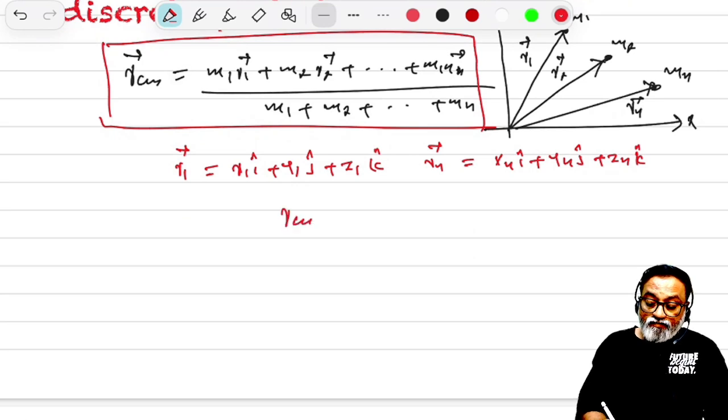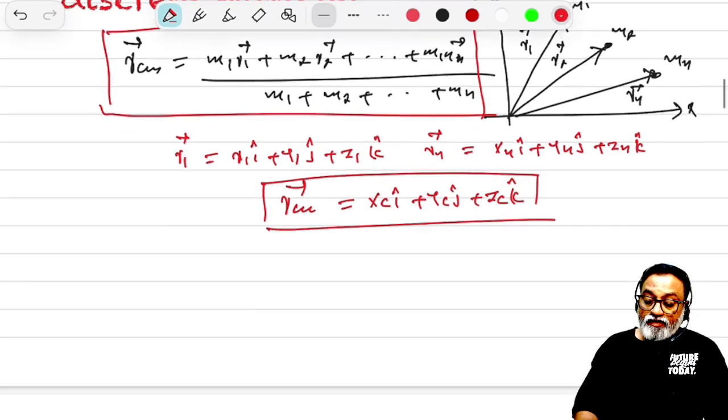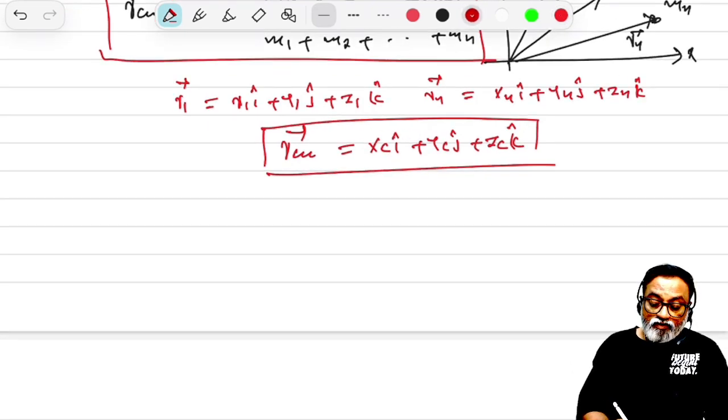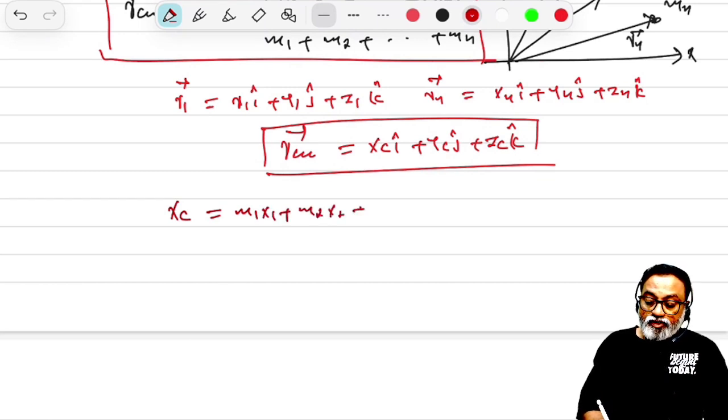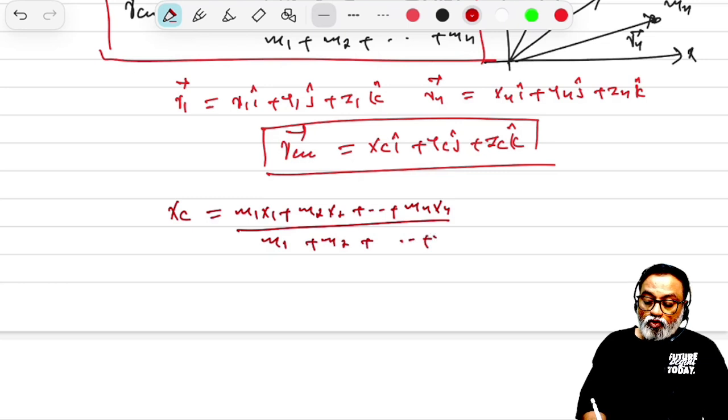This R C bar we can write as XC i cap plus YC j cap plus ZC k cap, where XC is equal to M1 X1 plus M2 X2 so on Mn Xn by M1 plus M2 so on Mn.